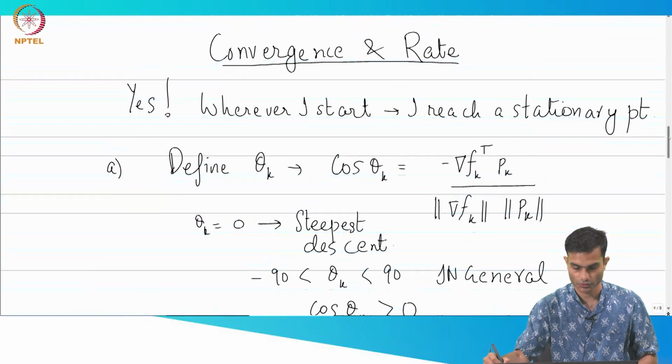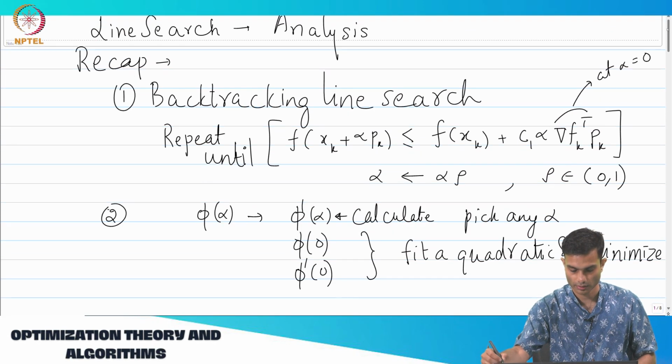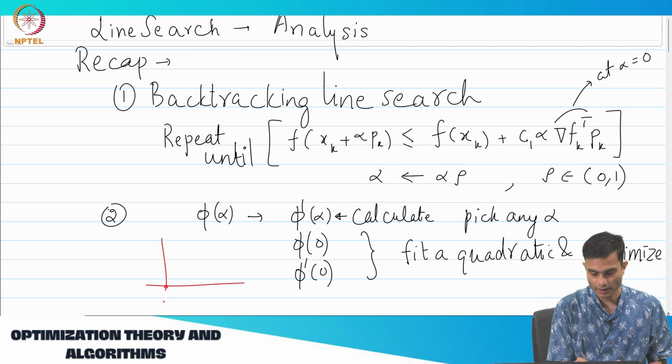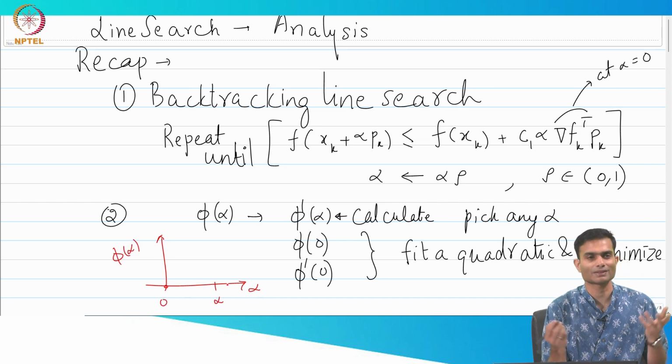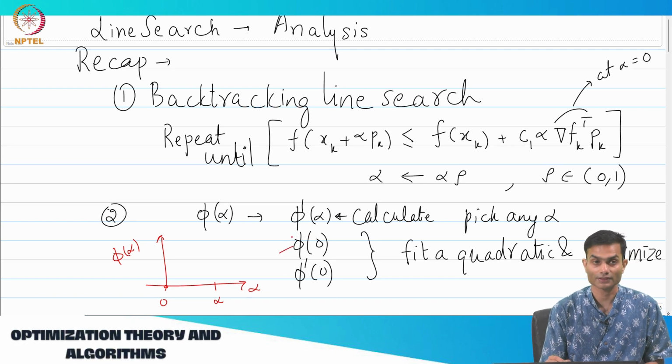Okay, so the second method over here, the 3 points were: I started over here at 0, this is my alpha, this is my phi of alpha, and pick some point alpha. I know the value of the function at 0, I know the value of the gradient at 0, and I pick some other point over here.